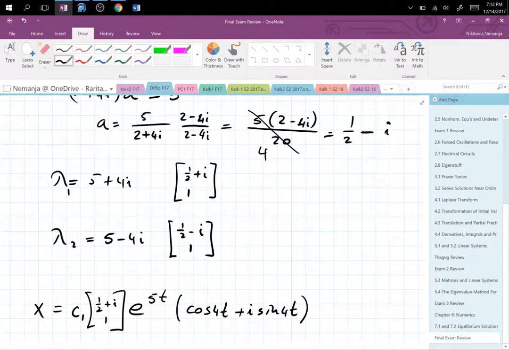Question. Can you explain again why the cosine 4t plus i sine 4t, that's your A and B term?